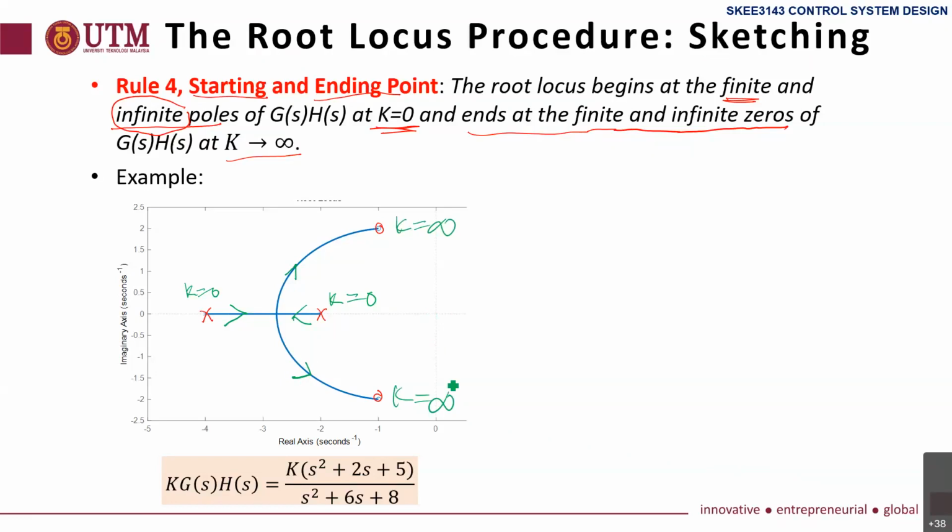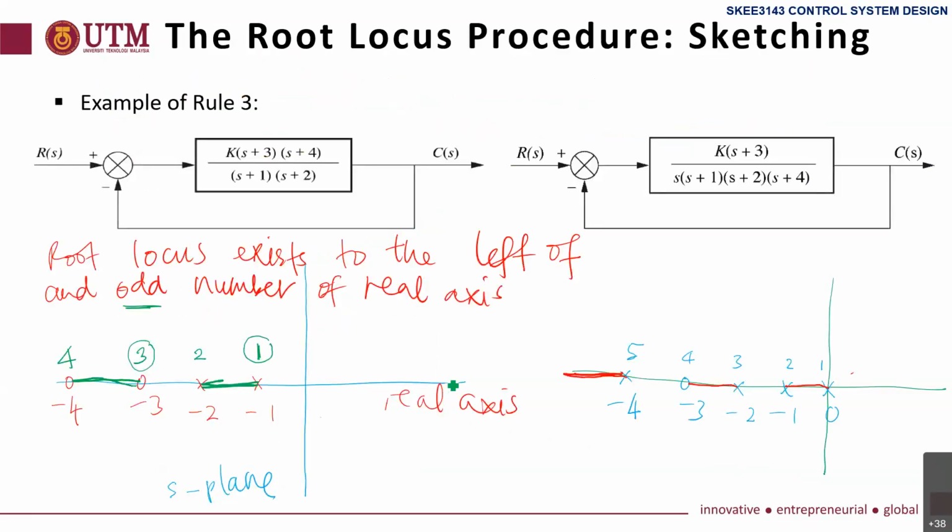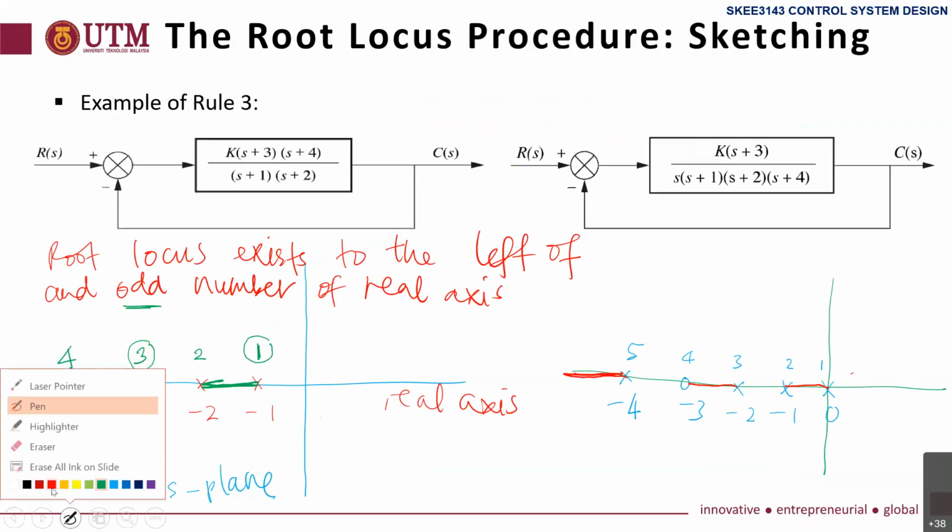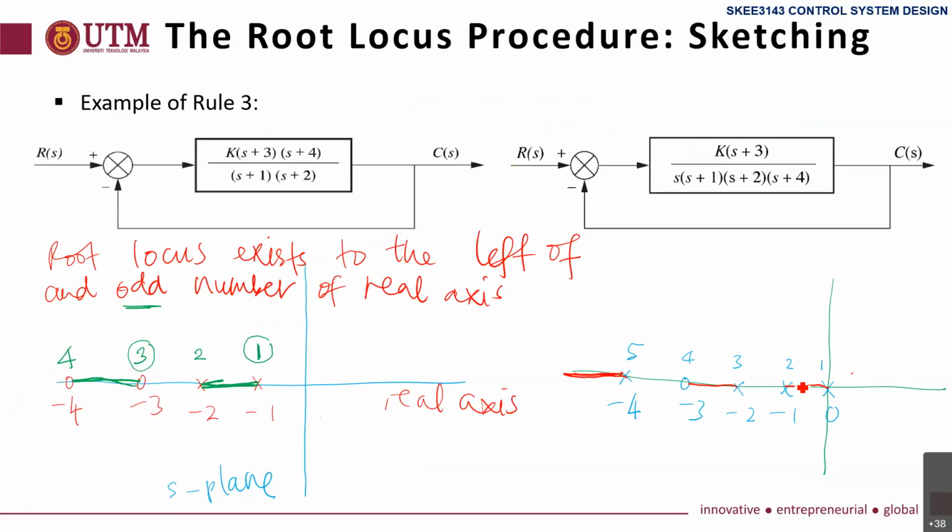That is all about rule number 4. That means now we can add the arrows here. It starts with a pole, which means the arrow goes out from the pole.